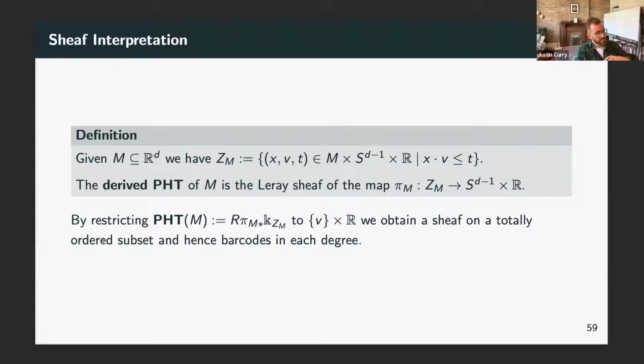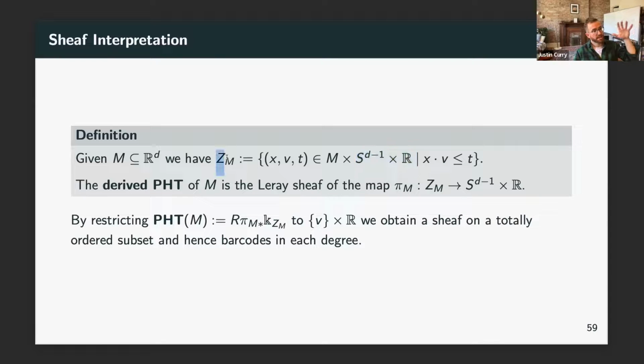Now one perspective, which is mentioned in the latter paper with Kate and Sayan, is that you can think of the PHT as a sheaf. The way to do that is you build this auxiliary space, which I call Z_M, which records all sublevel sets in all directions. You'll see that this space naturally has 2 factors: the sphere, which is our direction space, and R, which is our filtration parameter.